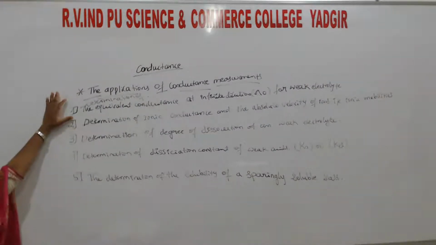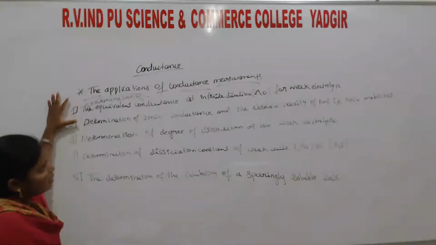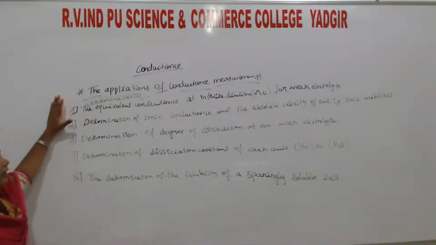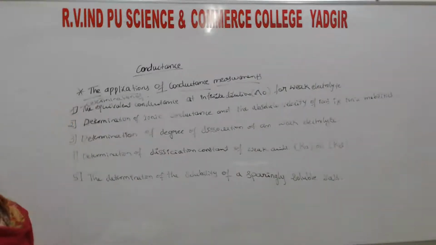At infinite dilution the concentration decreases to 0. This is not determined by a direct method, it is an indirect method, which is only Kohlrausch's law. In Kohlrausch's law, I discussed this determination of the equivalent conductance at infinite dilution for a weak electrolyte.